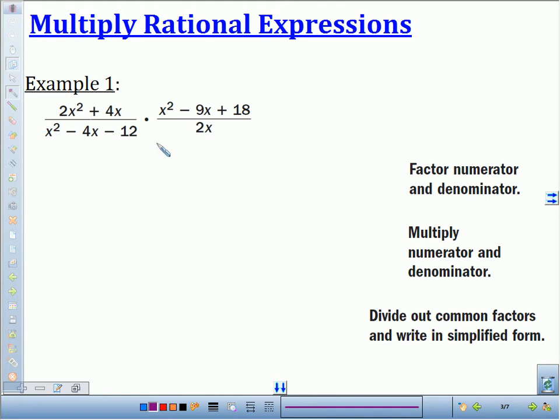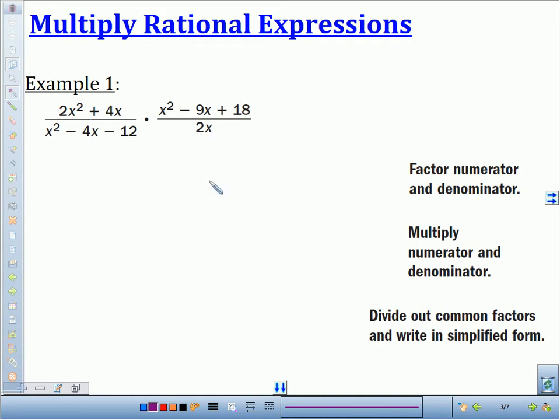Let's look at an example here. Example 1, we have 2x squared plus 4x divided by x squared minus 4x minus 12 times x squared minus 9x plus 18 over 2x.